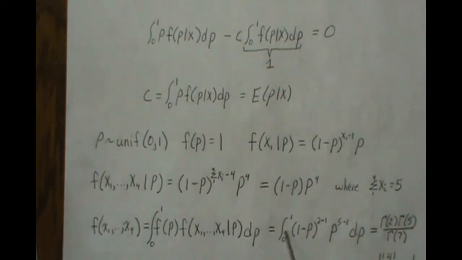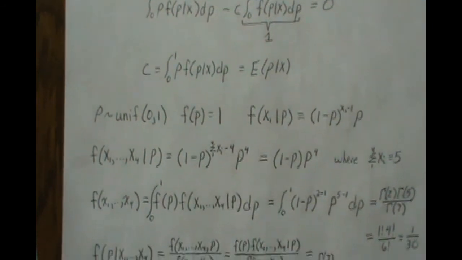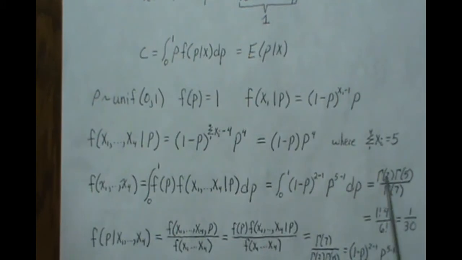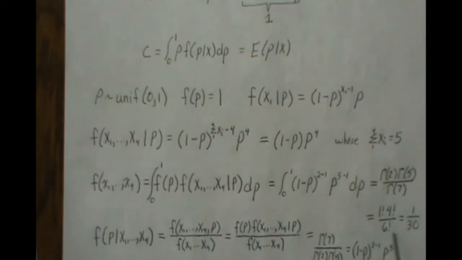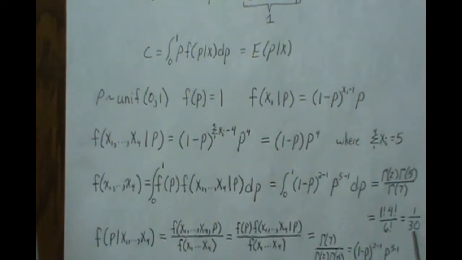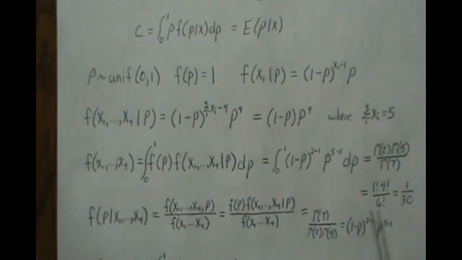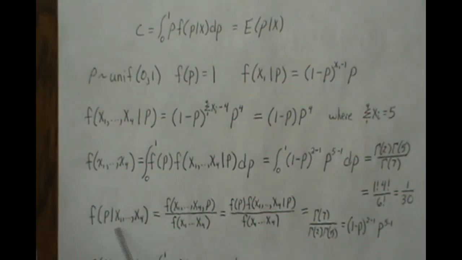So if you take the reciprocal of that appropriate constant, that's what it integrates to, which is this. The gamma functions are just, you take the inside, minus 1, and it's the factorial. So this is 1/30.